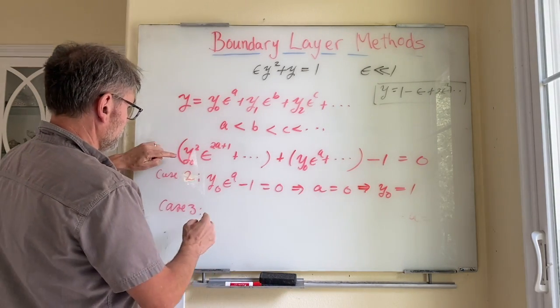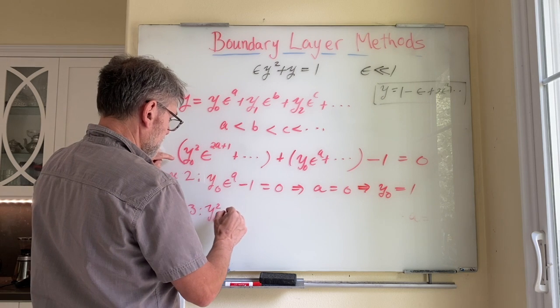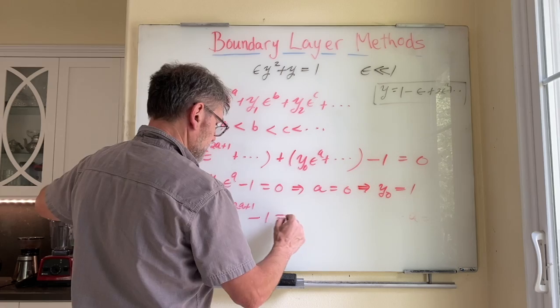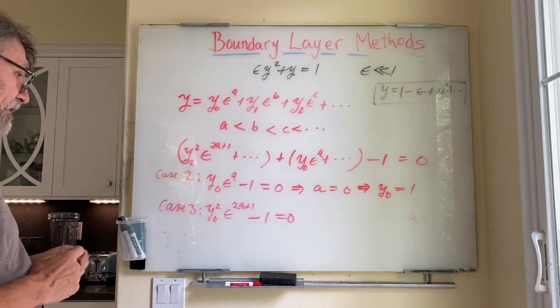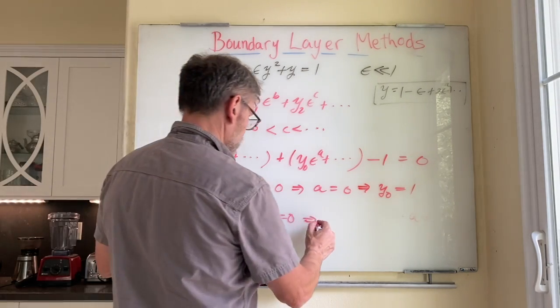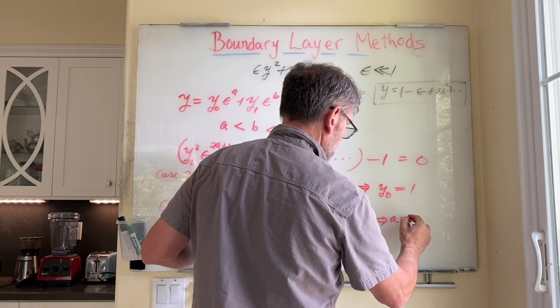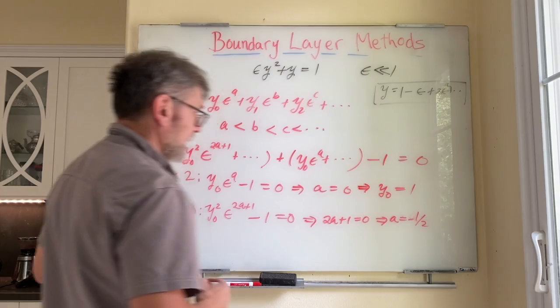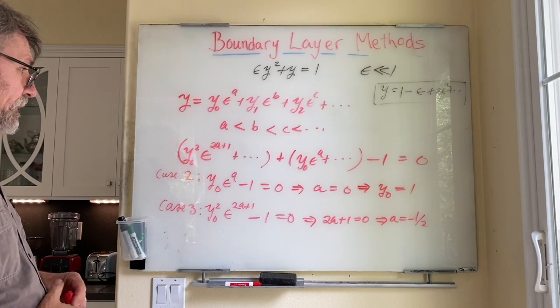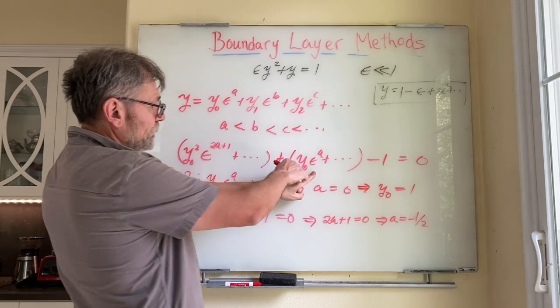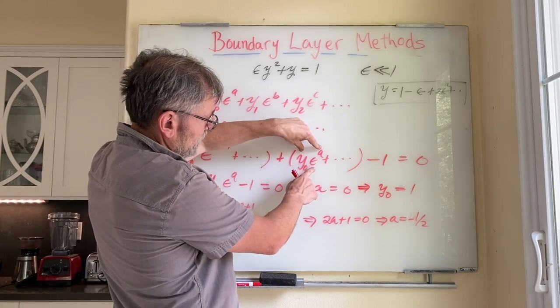Well, in that case, we get y naught squared epsilon to the 2a plus 1 minus 1 is equal to 0, which would mean that 2a plus 1 is equal to 0, or a is equal to minus 1/2. And if a is minus 1/2, then the neglected term, this one, right, it's going to blow up as epsilon goes to 0.